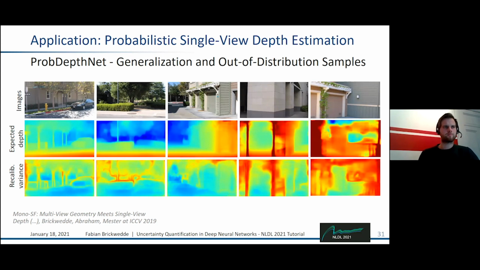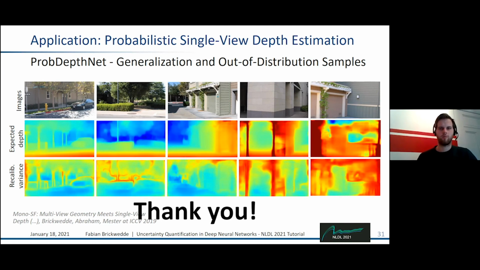And you see in the right figures that these close-up views of buildings that were never part of the training set result in quite bad depth estimates, but also in quite bad variances. And this motivates that the measurement uncertainty alone is not enough. So you additionally need to address the other kinds of uncertainties, such as out-of-distribution detection, as in this example. Yeah, and with this, I want to close my presentation and thank you very much for the attention.